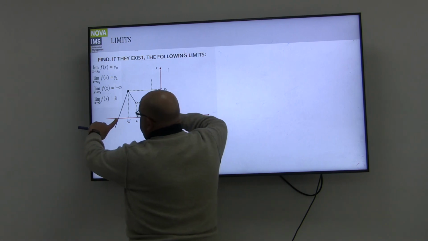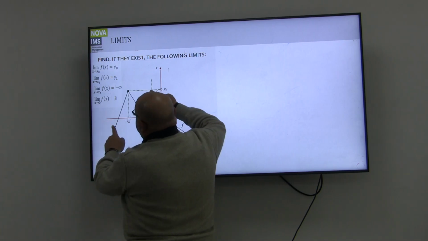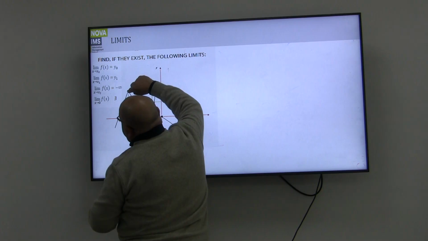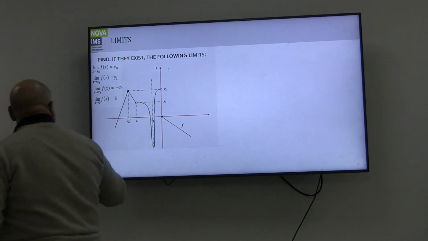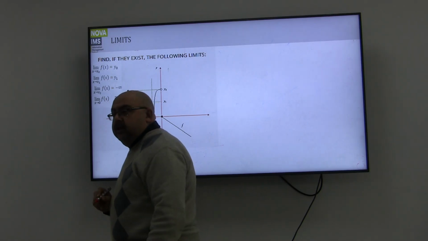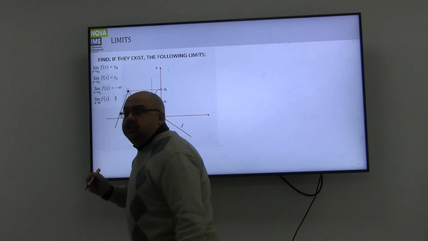Both of them are trying to reach x naught. The value of the function by itself will try to reach a certain value. Remark that this is the value of x naught that we are trying to reach, and this is the value that the function is trying to reach while we are trying to reach x naught.